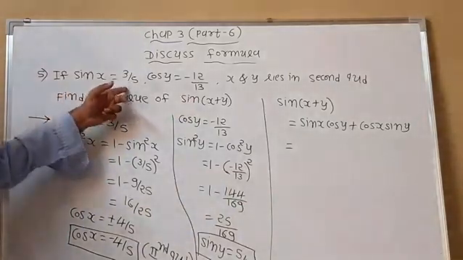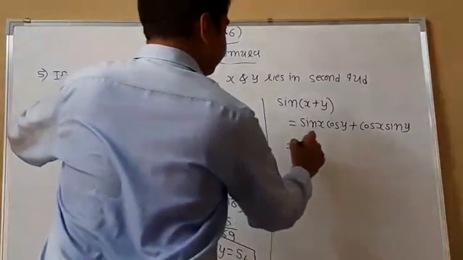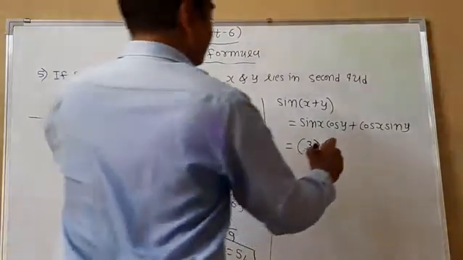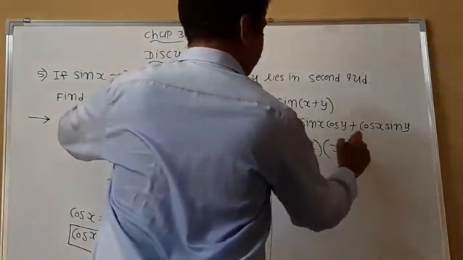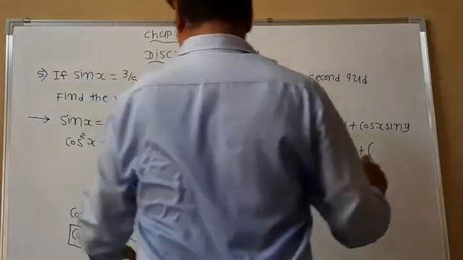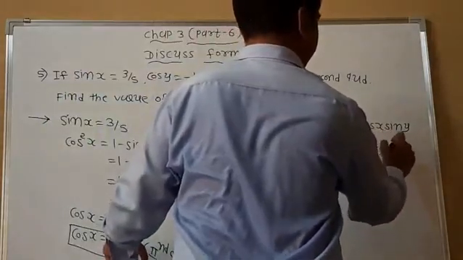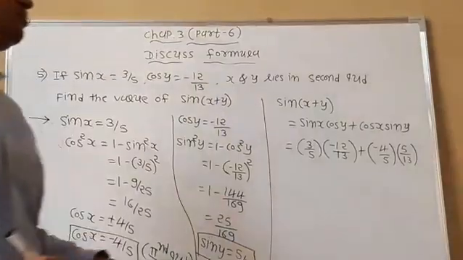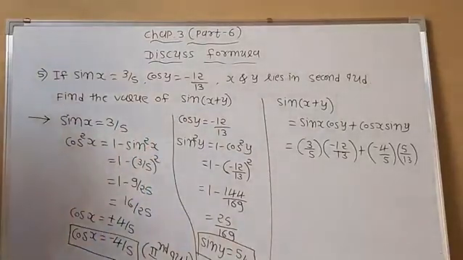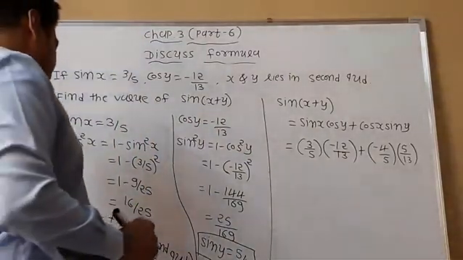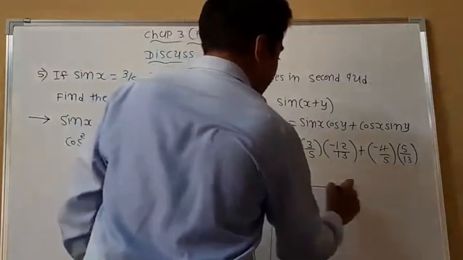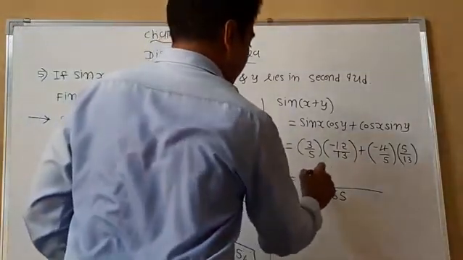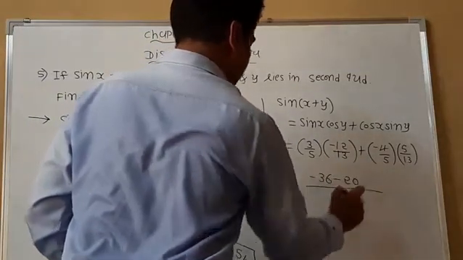So sin x in place of which write 3 by 5, cos y write minus 12 by 13, plus cos x write minus 4 by 5, and sin y write 5 upon 13. Now the LCM is the same in both these terms, so 65. 13 times 3 is 39... minus 12 into 3, that means minus 36, minus 20.